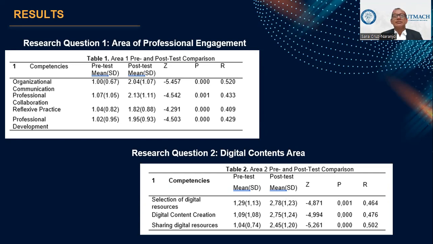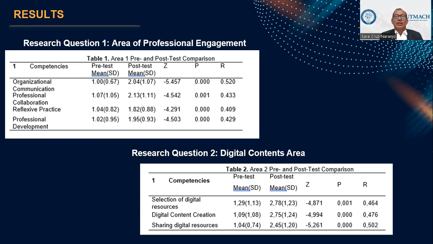And at the C2 level, there was also an increase from 0% to 5, which means 9% of teachers in training at this level. Table 2 shows that the average results of the post-test are higher than those of the pre-test in all the competencies analyzed in the digital competency area, digital content.